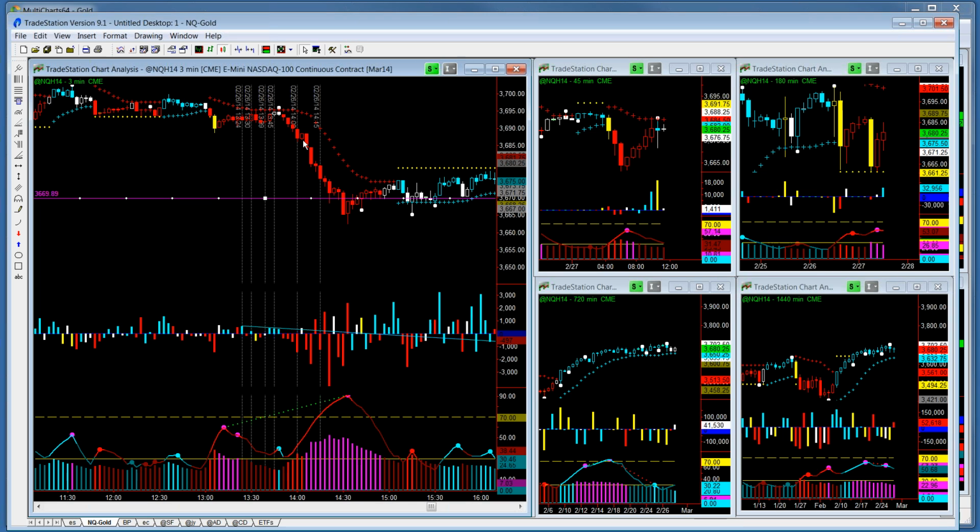That's trend divergence. Back to the ATR is ATR divergence. Does everybody understand that now?